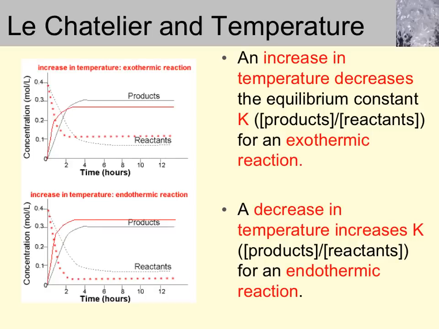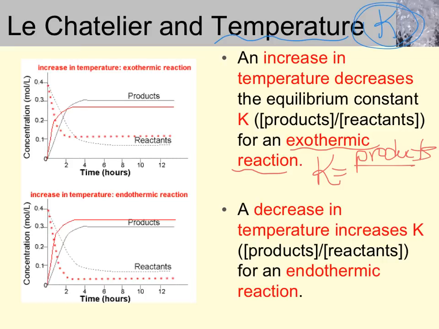All right, so we only have 2 more slides left. I mentioned before that changing temperature also changes the value for the equilibrium constant itself, and so you need to be able to deal with that. So let's look at an exothermic reaction. Remember, the equilibrium constant is products over reactants. If we're dealing with an exothermic reaction, we're treating heat as a product.